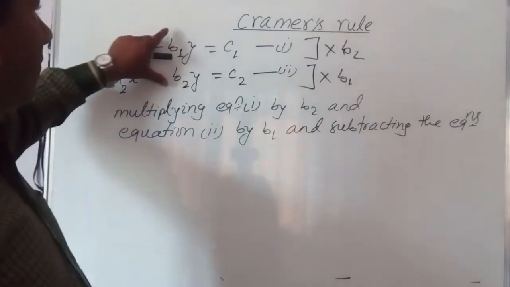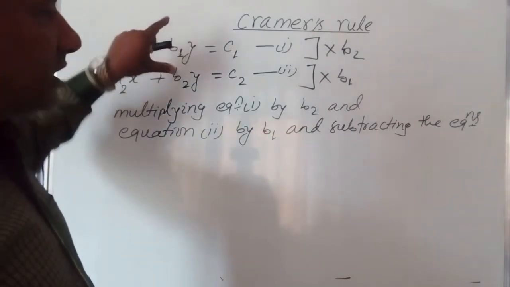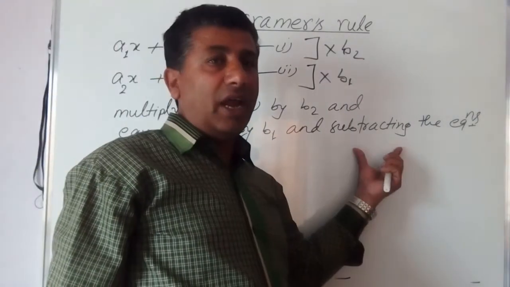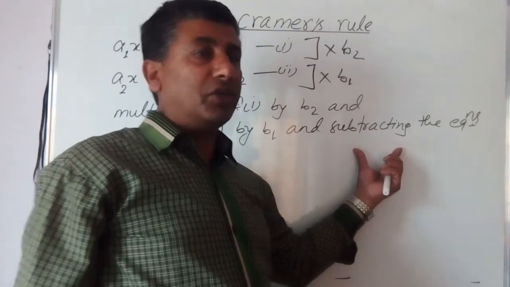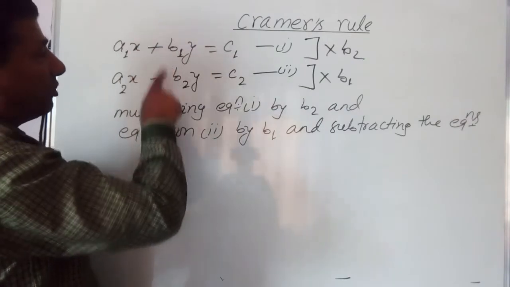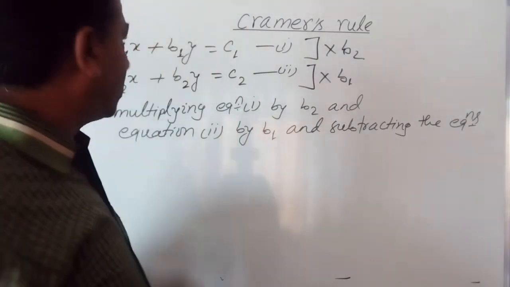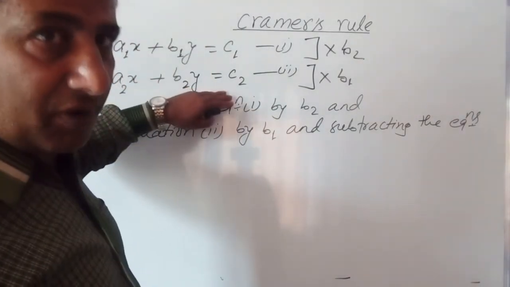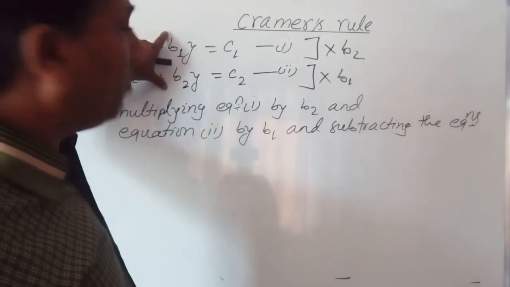If they have different signs, then we have to add the equations. After subtraction, the signs will be different, so we have to change their sign, then they will be cancelled.